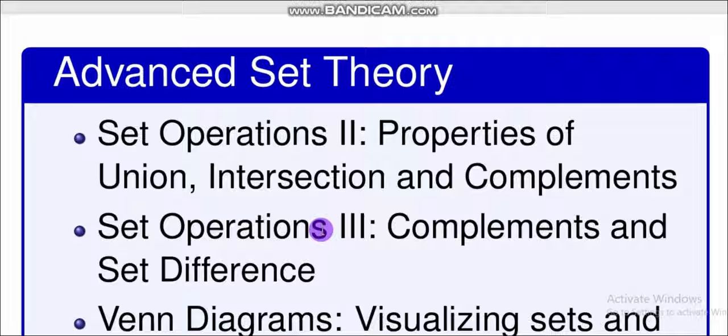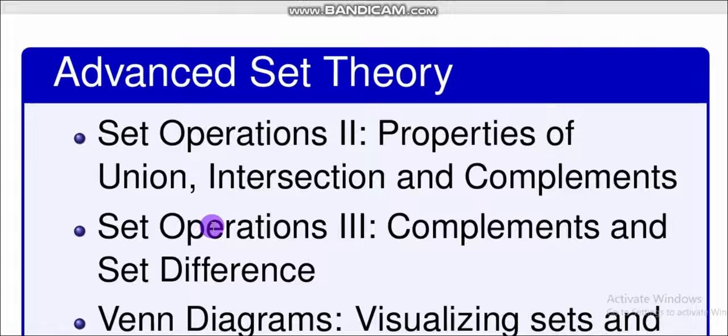So the very first video there for week 1, we explain the meaning of union, intersection, complement with examples. In this second video for week 2, we are going to see the properties of the union, the properties of the intersection, the properties of the complement, and we will give examples for those properties.